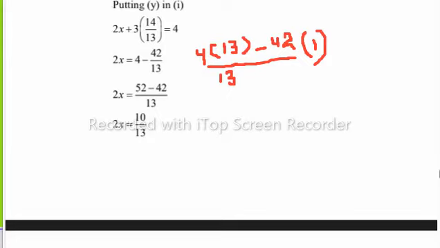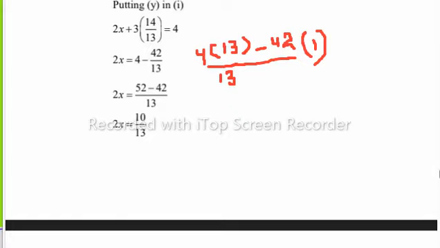Once again I am repeating that first of all we take a line, at the denominator we write 13, then we write 4 here. After writing 4, we search a number by which the denominator of 4, which is 1, is multiplied, and we get LCM 13.